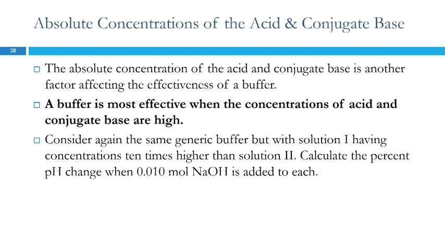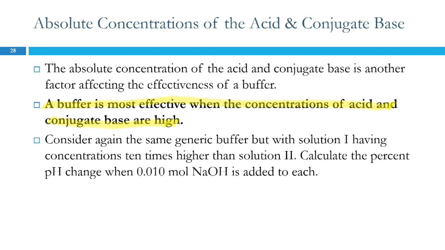Another thing that affects the effectiveness of a buffer is the absolute concentrations. So the buffer is most effective when the concentrations are high. And we're going to look at the same buffer.